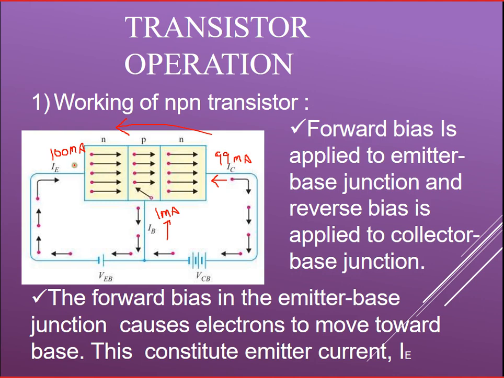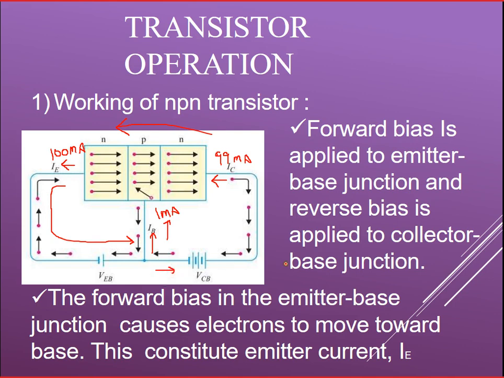Here it is 100 milliamps coming in this direction, and here it is dividing. Why? Because only one electron is coming in this opposite direction, so only 1 milliamp is flowing in this direction, and the remaining 99 milliamps flowing in this direction.